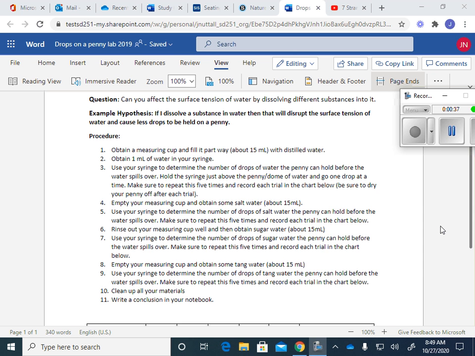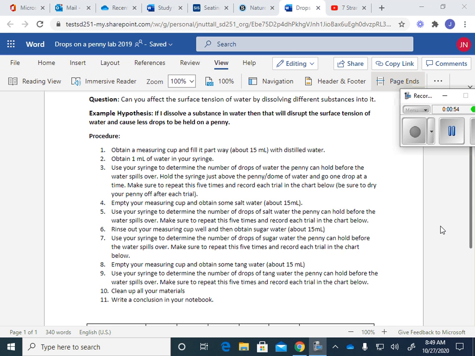And so our lab today deals with seeing if that surface tension is affected at all when you add different substances into the water. So if it were to be affected, then that dome would either be smaller or bigger.